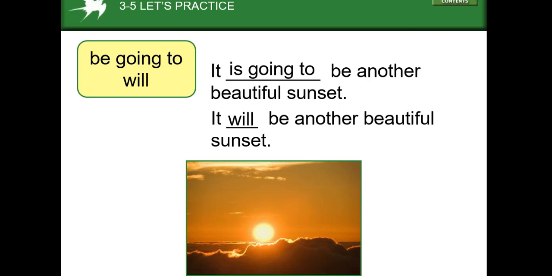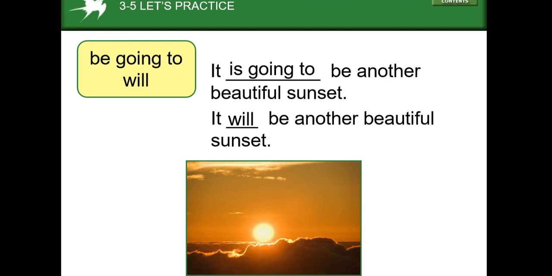It is going to be another beautiful sunset, and it'll be another beautiful sunset. Okay, in this case, we can use both auxiliaries, when we are talking about something about nature.